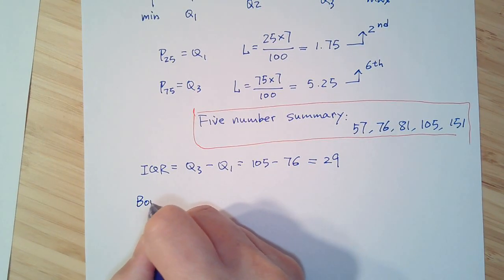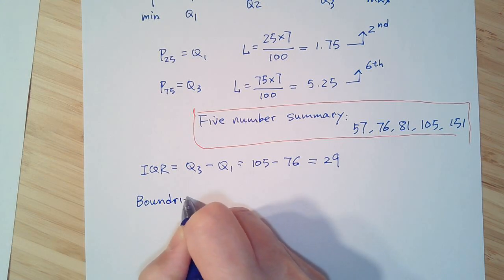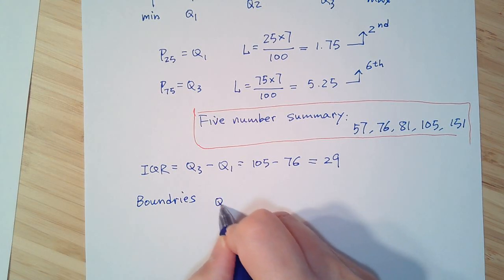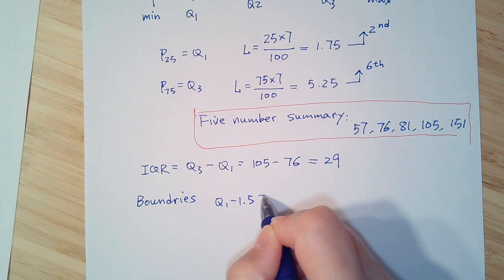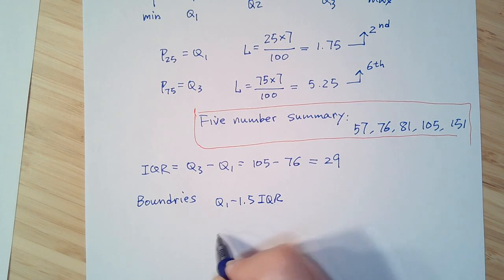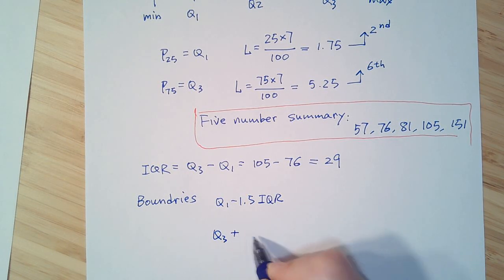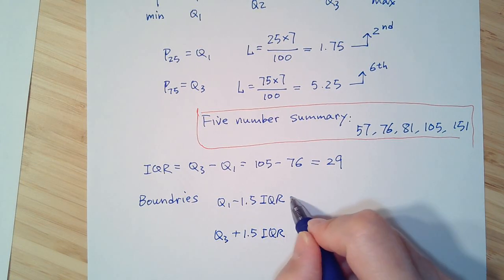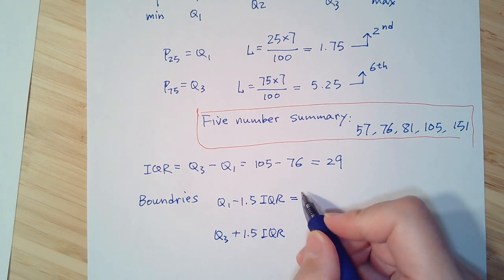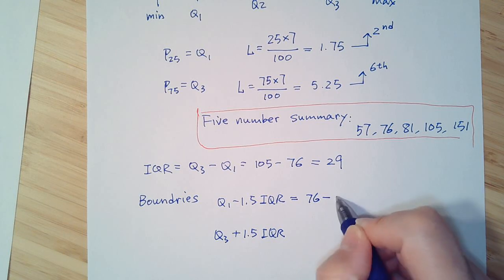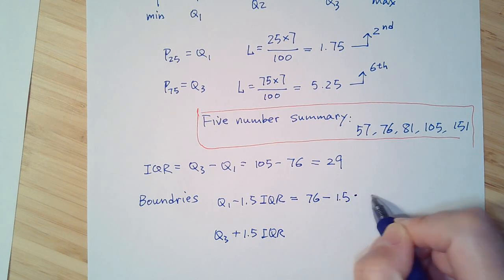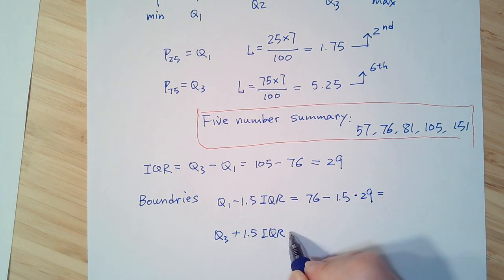Which is Q1 minus 1.5 IQR and Q3 plus 1.5 IQR. All right, so that is Q1, 76, minus 1.5 times 29. And this Q3, which is 105, plus 1.5 times 29.